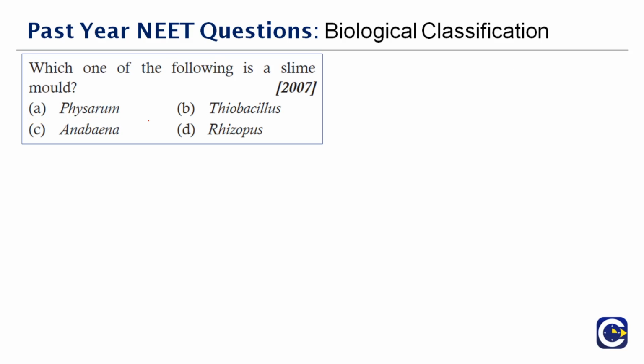Next question here. Which one of the following is a slime mold? Just now we discussed what a slime mold is, right? How can you describe a slime mold? It resembles many features like fungi, but still it is not under the kingdom fungi. It is an informal name given to several kinds of unrelated eukaryotic organisms that live freely in the form of single cells.